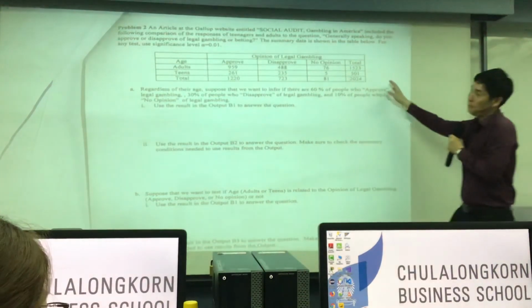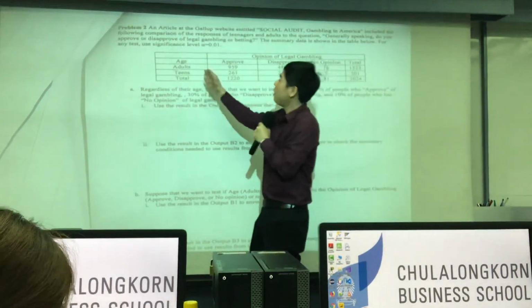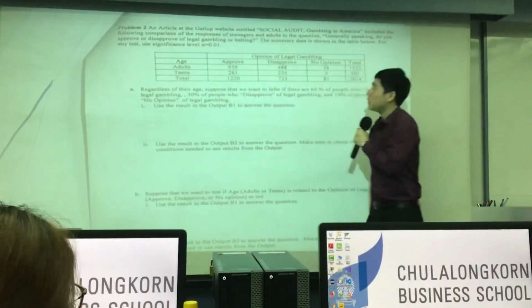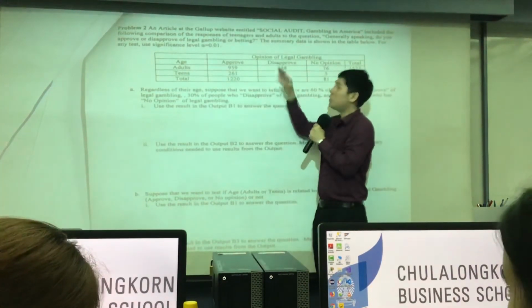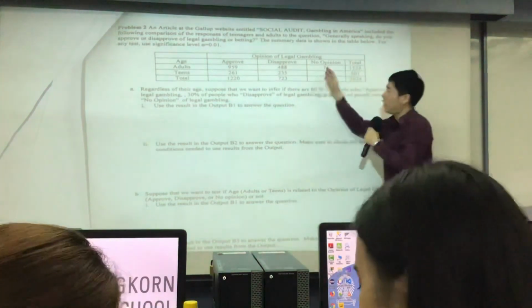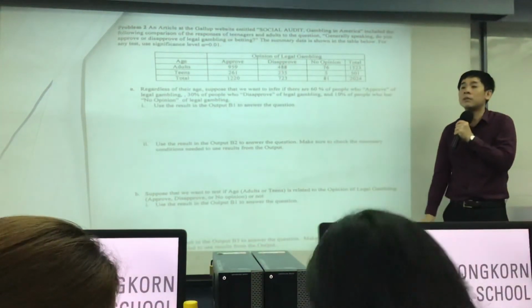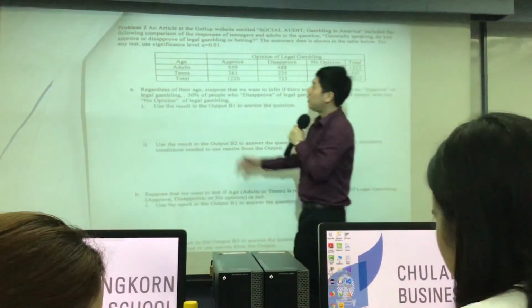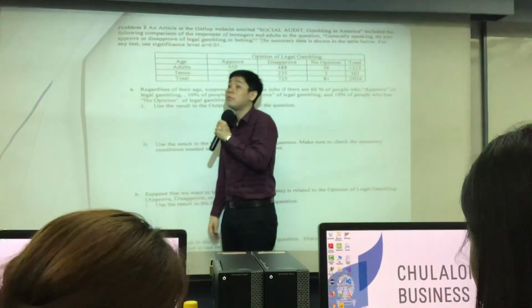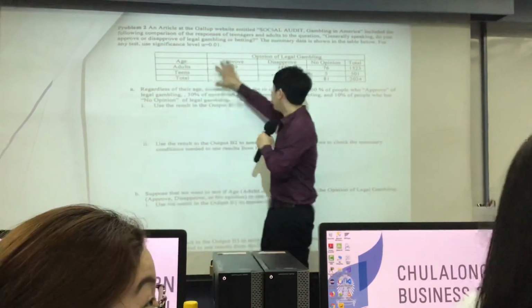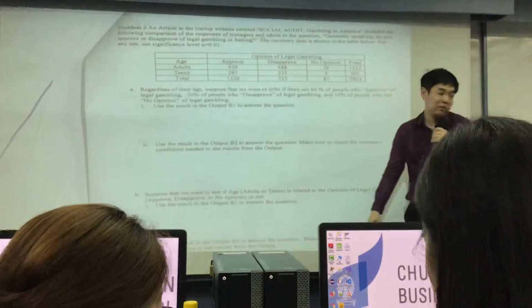Alright? So now let's see. Right now we have you ask people, they either answer approve, yes, it should be legal, disapprove, no, it should not be legal, or no opinion. And then they also ask age, adults or teen. And these are the people that you ask.